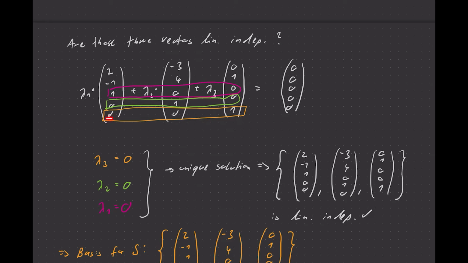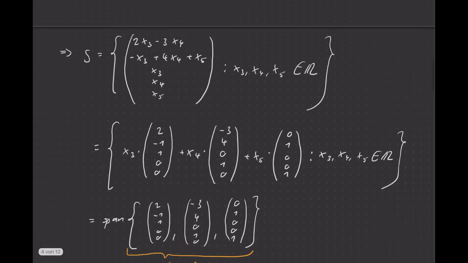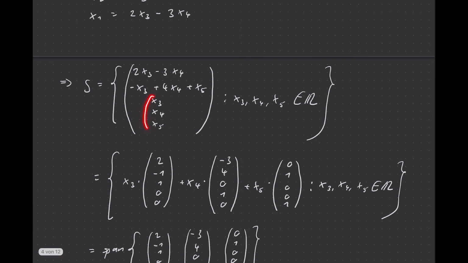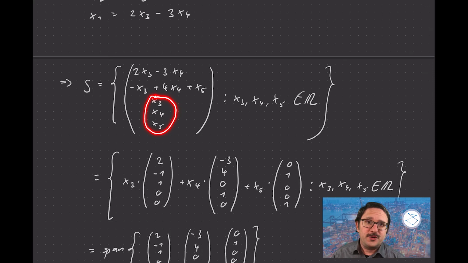Here's the row for x5, here's the row for x4 and the row for x3. It corresponds to this one entry here, and that one entry comes from these entries here. Each free variable always produces an entry like that in the solution.